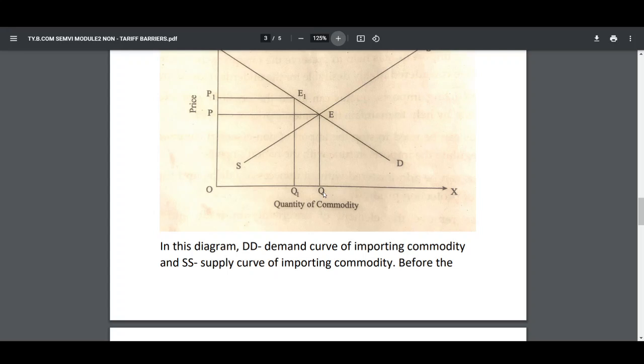It is reduced from OQ to OQ1 and the price is increased from OP to OP1. New equilibrium point is E1, but only one demand curve and supply curve are shown. And thus we can say the price effect is P1 after the imposition of quota.